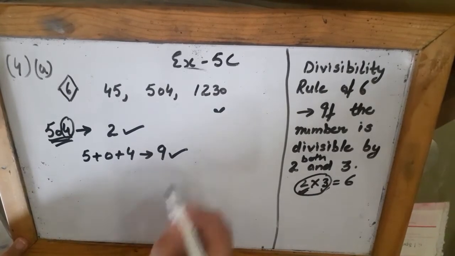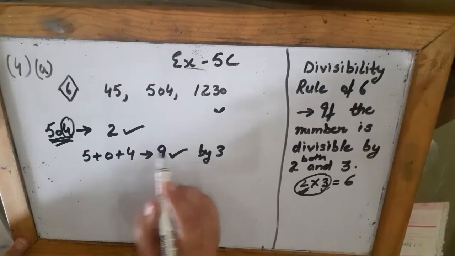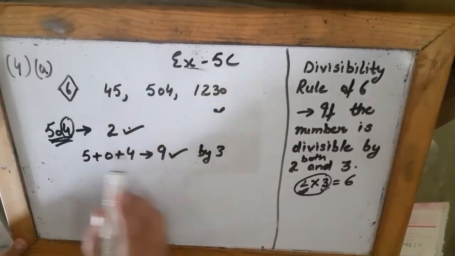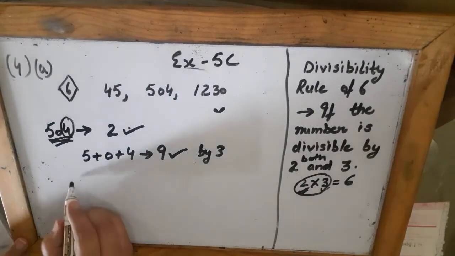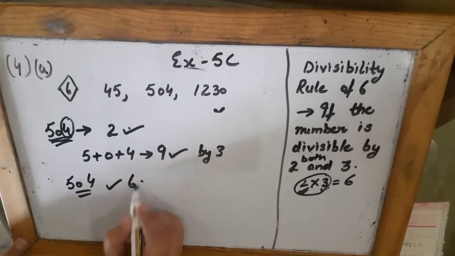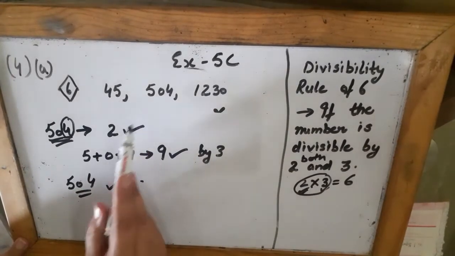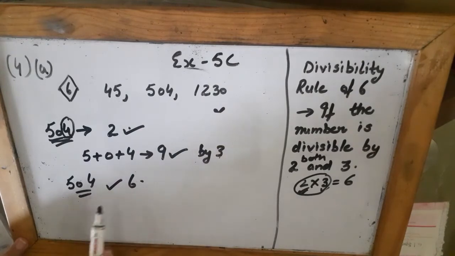So 9 is divisible by 3. So this number is divisible by 2 and also by 3. So it means 504 will be divisible by 6 also, because this number is divisible by both 2 and 3.